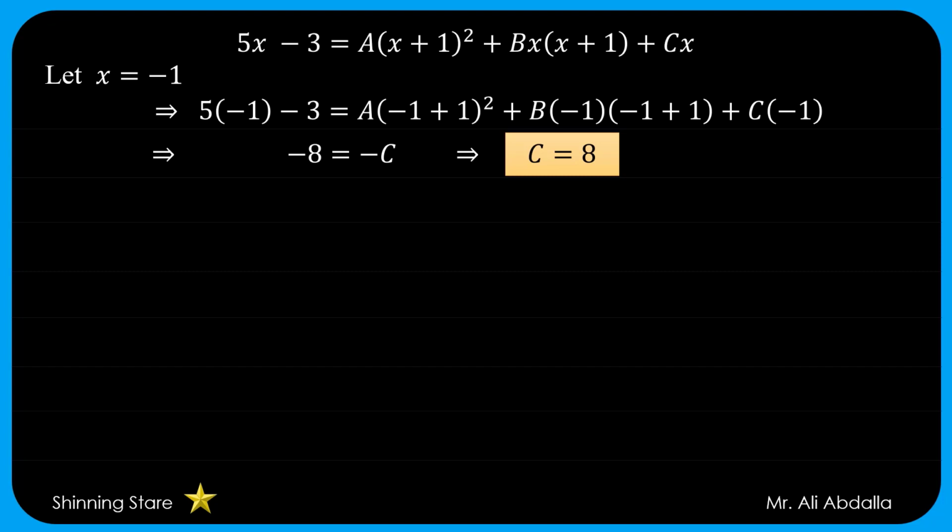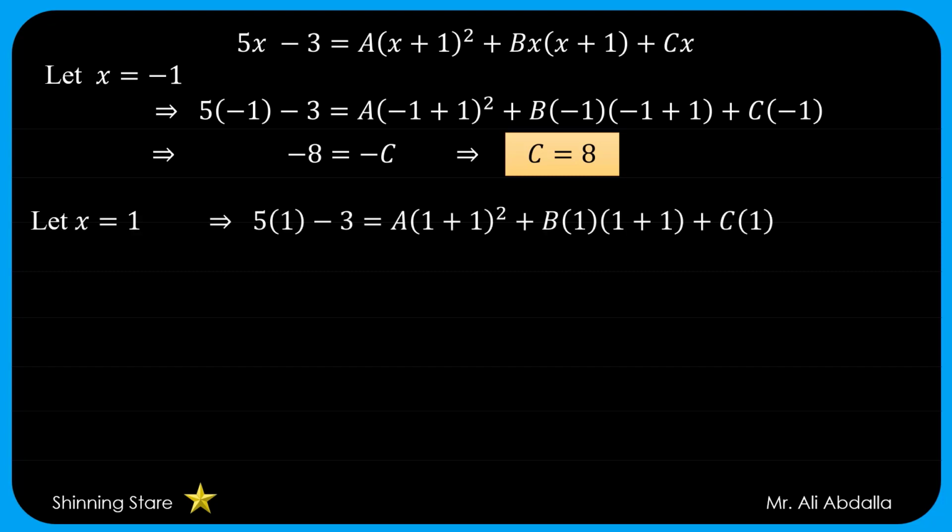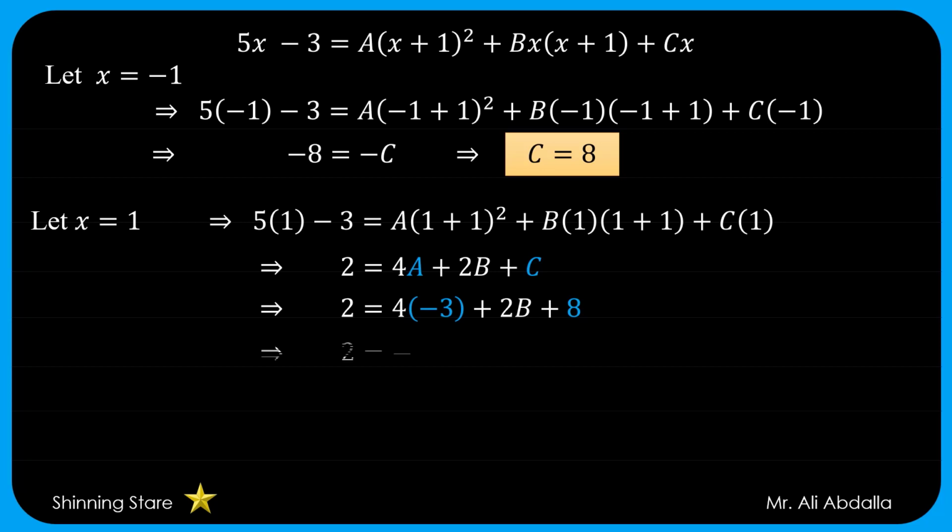We need to find the value of B. Then we can substitute x equal 1. We get 5 times 1 minus 3 equals A times 1 plus 1 to the power 2 plus B times 1 times 1 plus 1 plus C times 1. Simplify, we get 2 equals 4A plus 2B plus C. And we can substitute A and C. We get 2 equals 4 times negative 3 plus 2B plus 8.